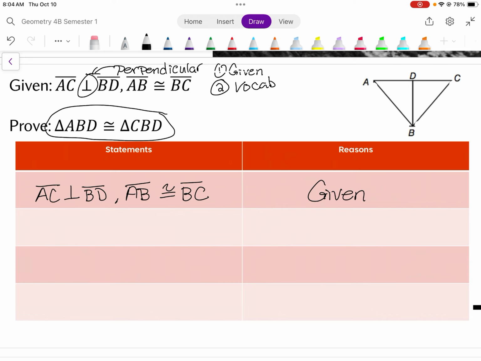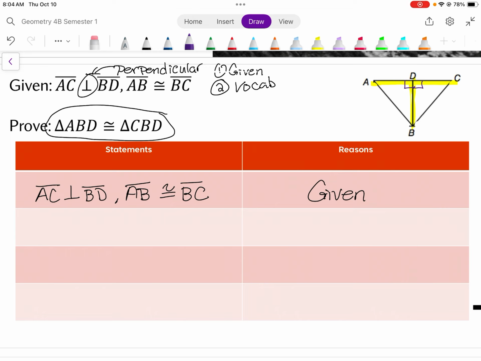Okay. And then we kind of have a vocabulary word for perpendicular. So perpendicular, where those 2 segments meet, so AC and BD, those segments are going to be forming right angles. So because of the definition of perpendicular, we know those 2 angles where the segments meet are going to be right angles.